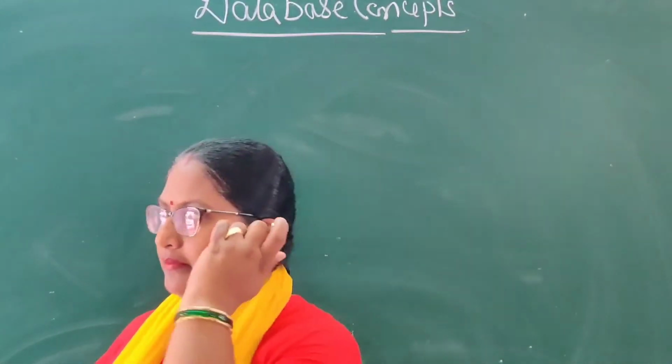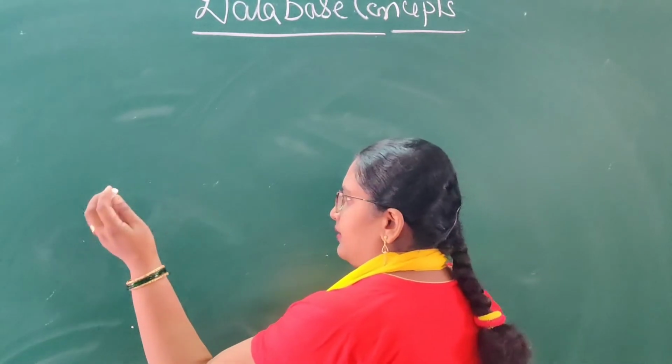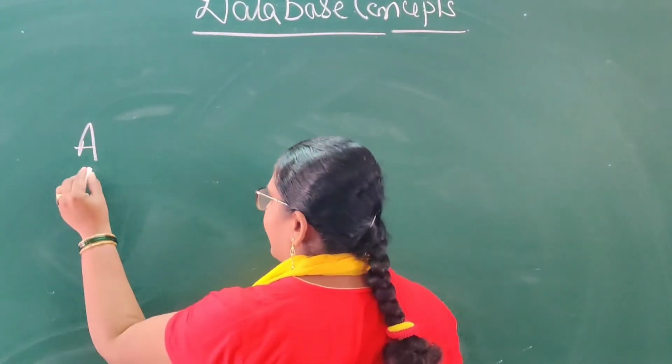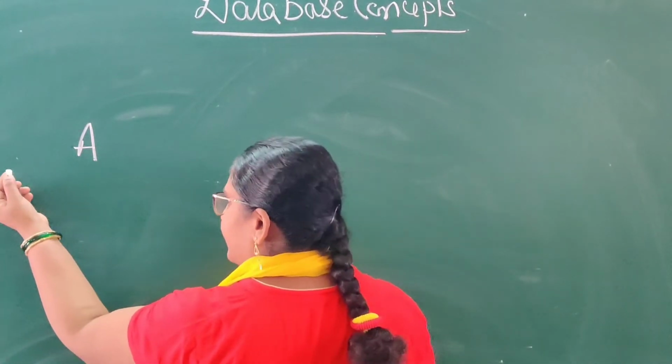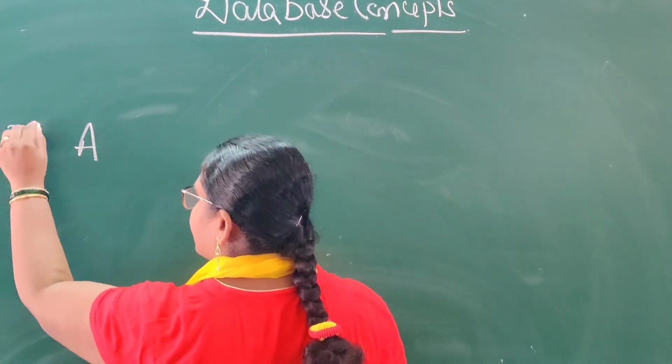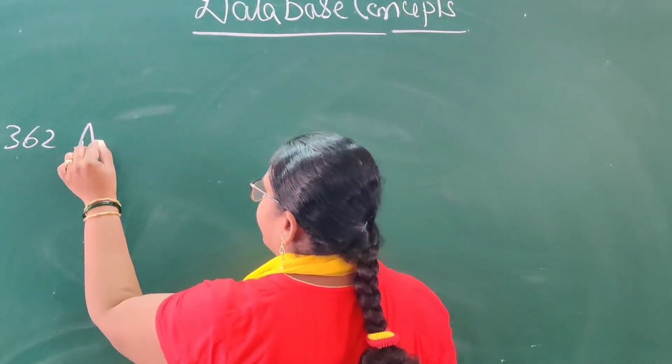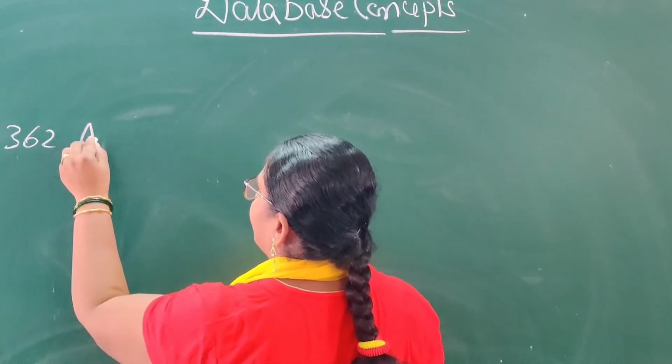Let us take an example. Suppose there is a teacher A. She is having one ID number, suppose 1362. This is her ID number. Or we can write it as name of Anupama.